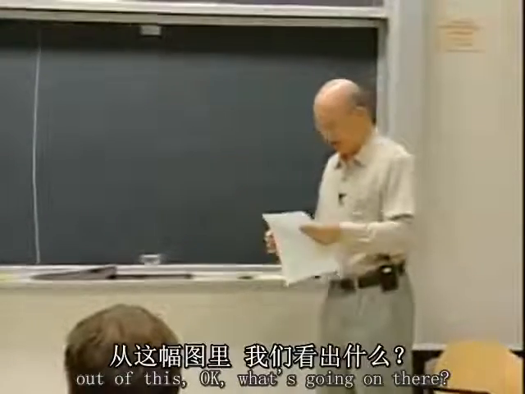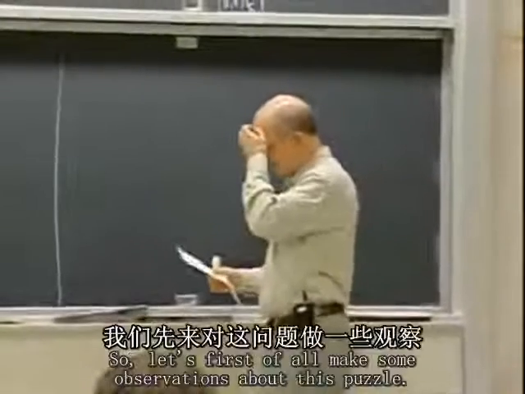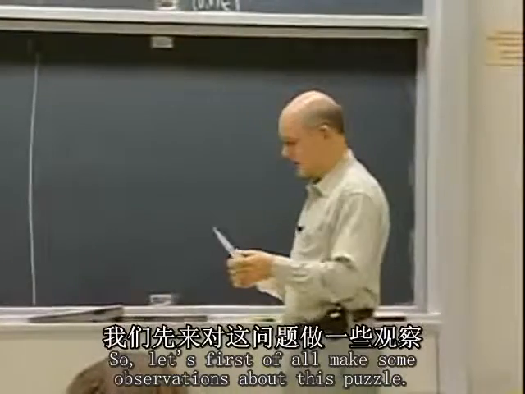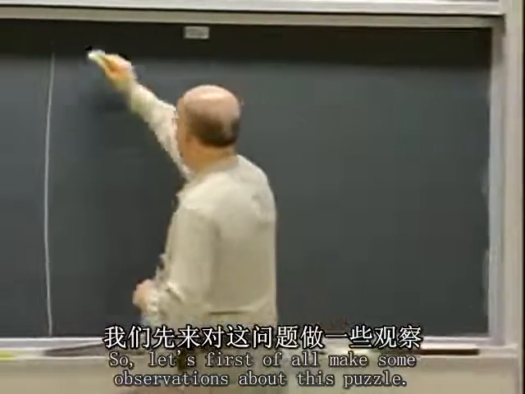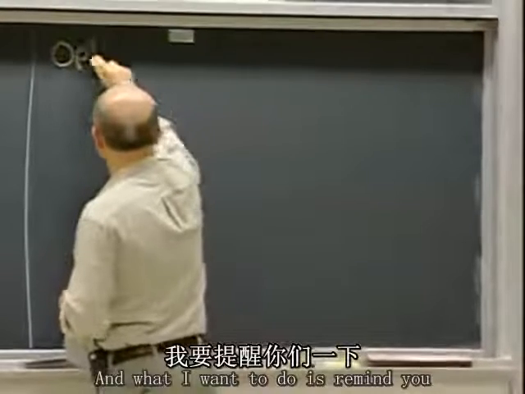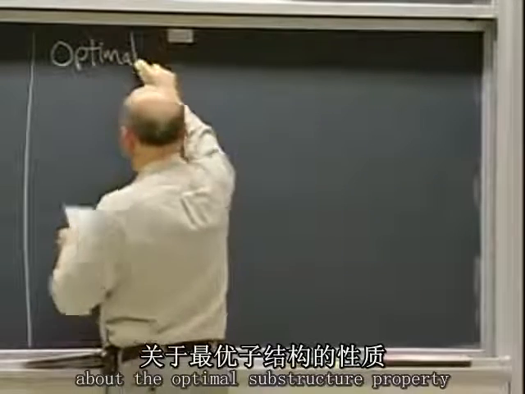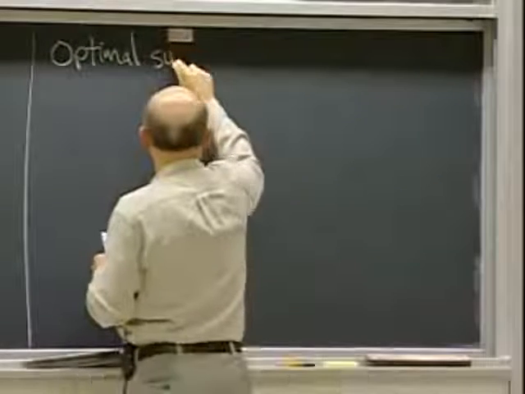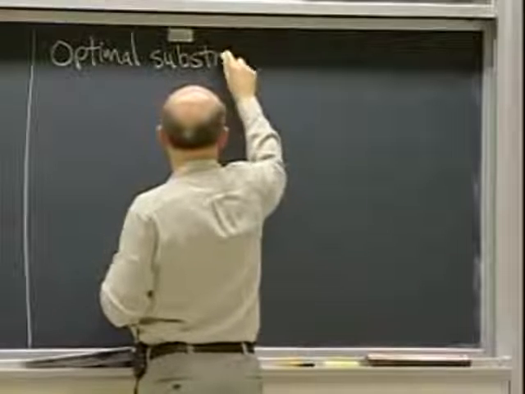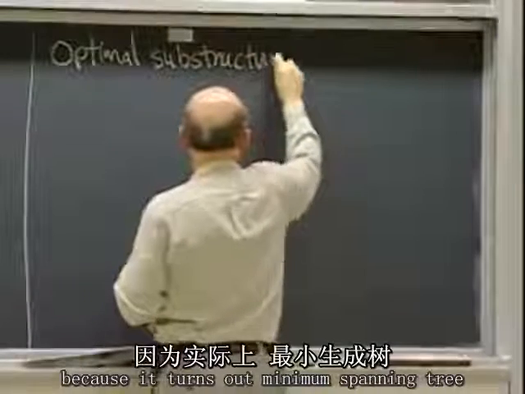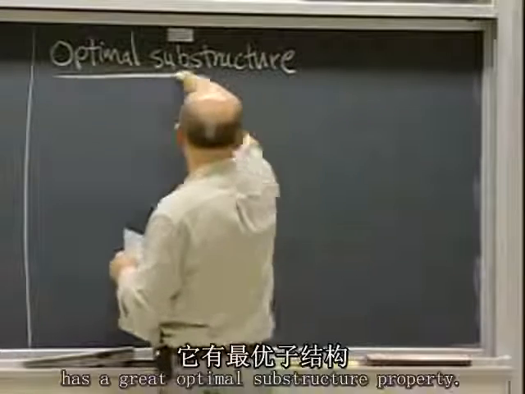Okay, what's going on there? So let's first of all make some observations about this puzzle, and what I want to do is remind you about the optimal substructure property, because it turns out minimum spanning tree has a great optimal substructure property.